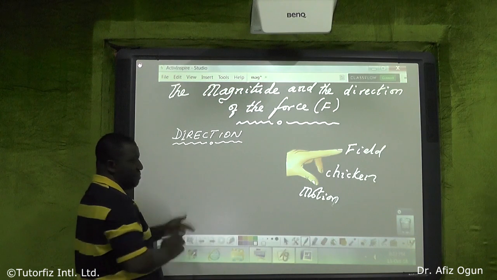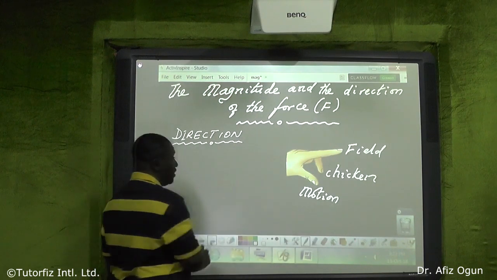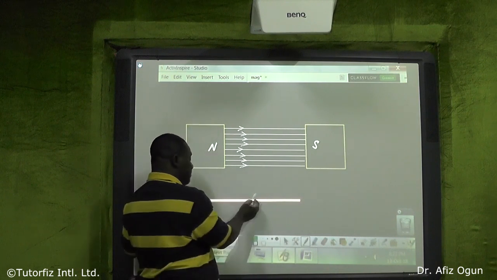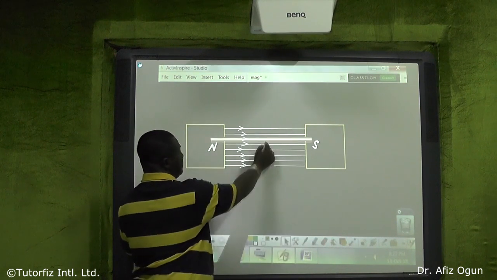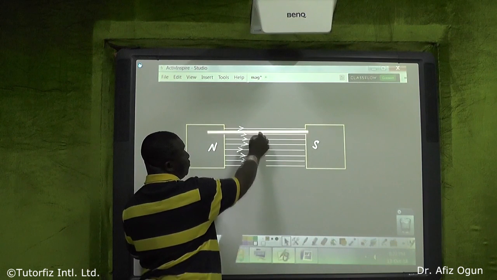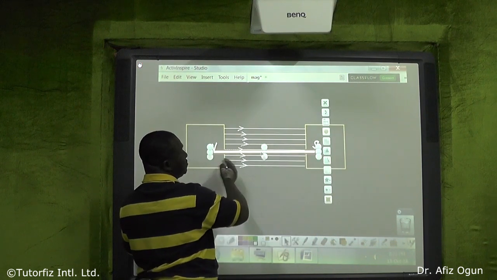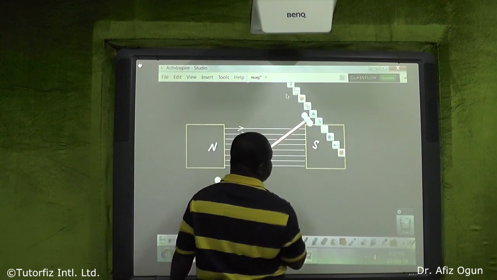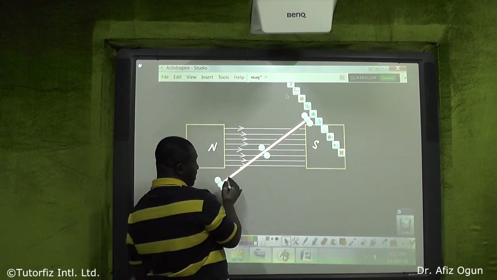So they must be at right angle to each other. Now, this is just a reminder. If this is placed like this, nothing happens because it is placed at angle 0. It's not at right angle. As you start bending it, as it is getting closer to 90, then the force will start.